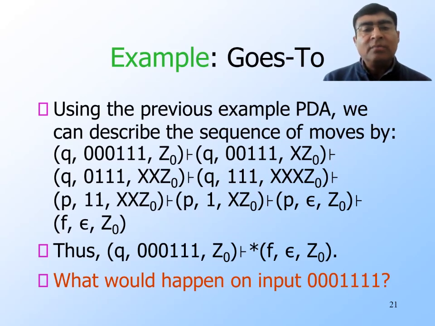Again, when the second 0 is read by the PDA, it will push the second X in the stack. Similarly, the third 0 will be read by the PDA, and the third X will be inserted, or we can say pushed, in the stack. When 1 occurs in the PDA, it will pop 1 X from the stack.